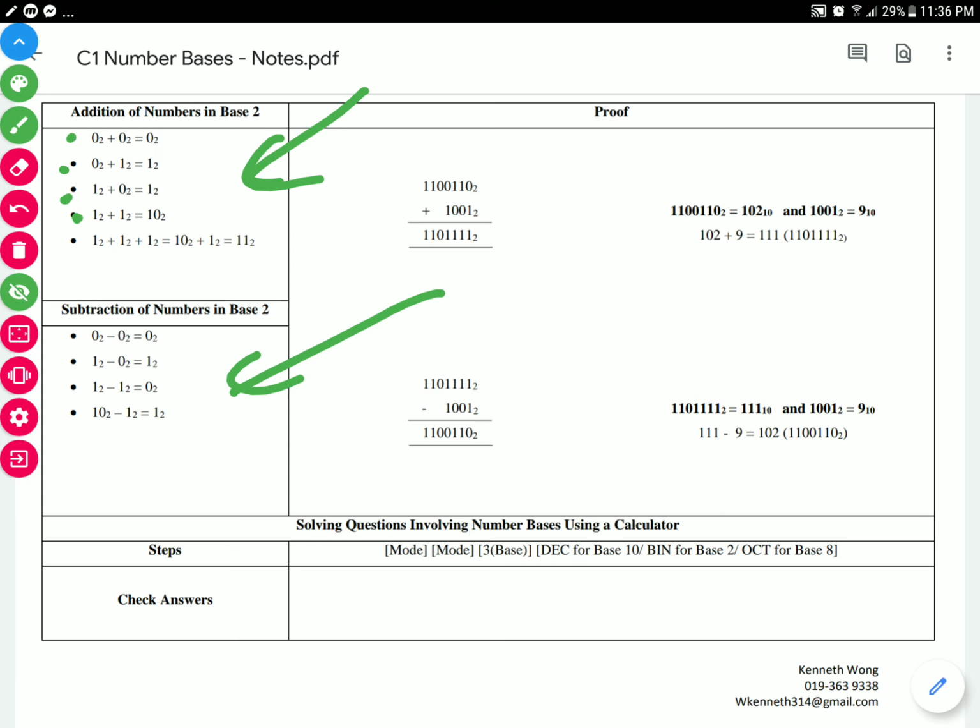That makes sense. Now, if I add 1 plus 1 plus 1 together, that would make this 10 because of the 1 plus 1. And I would add the 1, I will have 11. But we don't call it 11, we'll call it 11 base 2. Because that's how freaky we are when we're dealing with computer things.